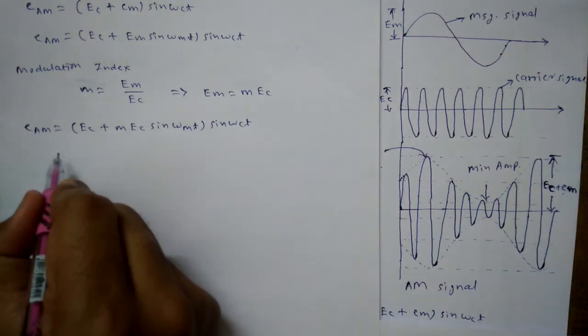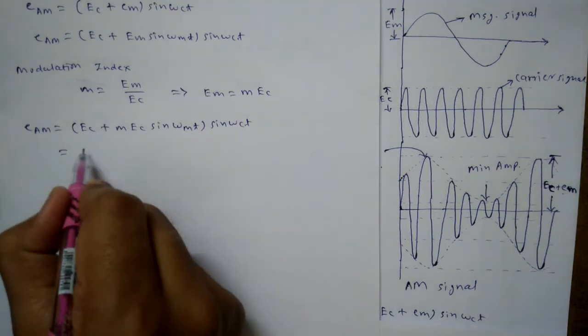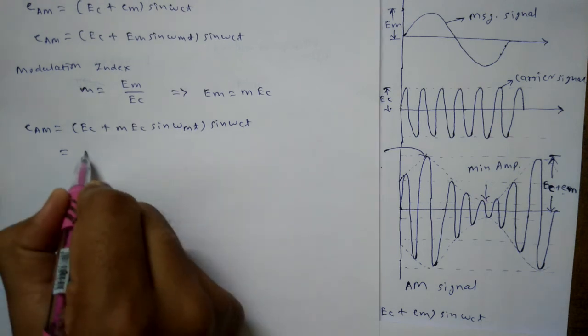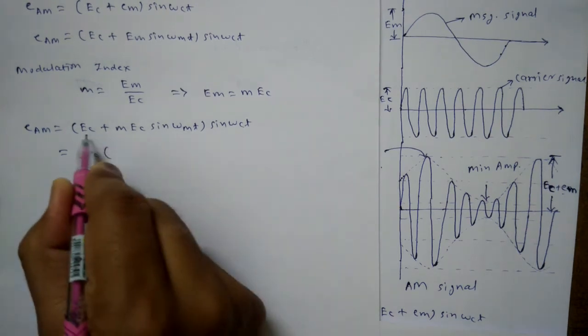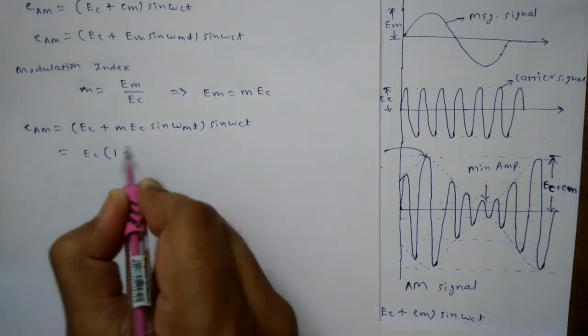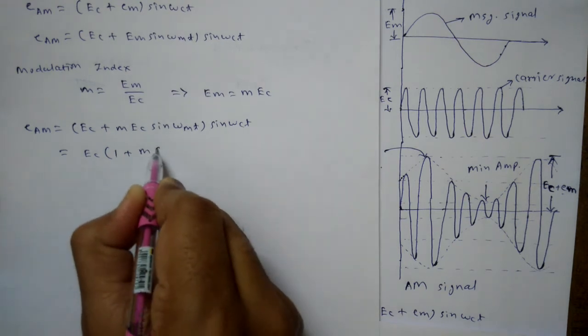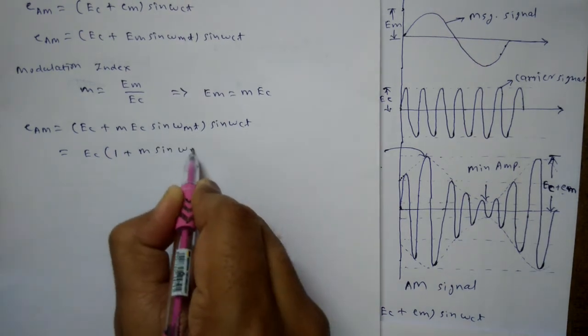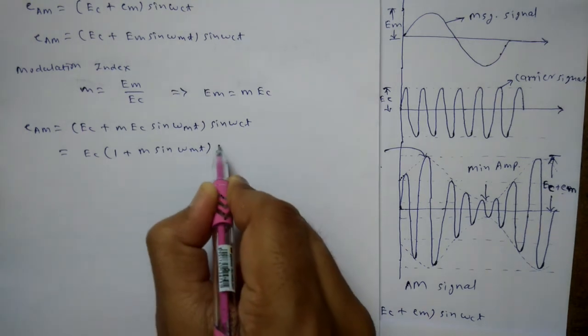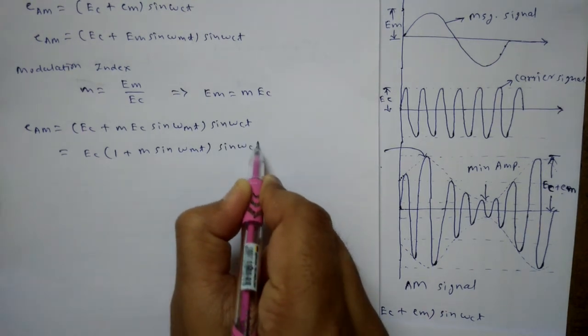Right. Now further we have to simplify this. I will take EC outside of the bracket. So EC is taken outside, and we are remaining with (1 plus m sine omega m t), bracket complete, and sine omega c t.